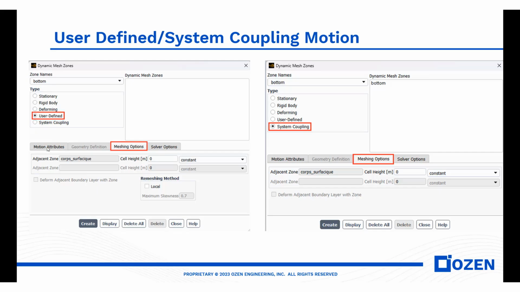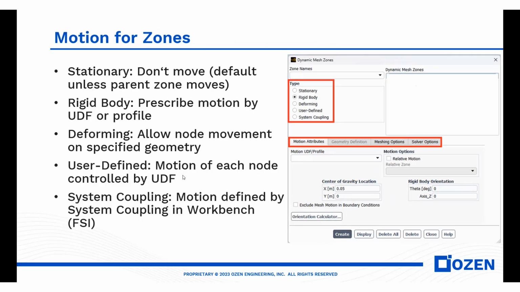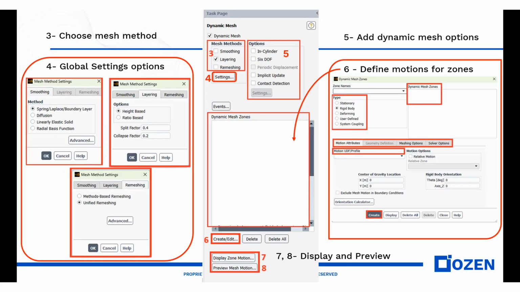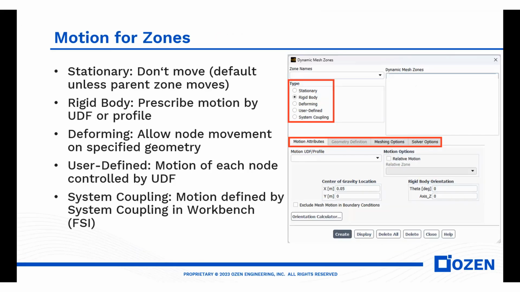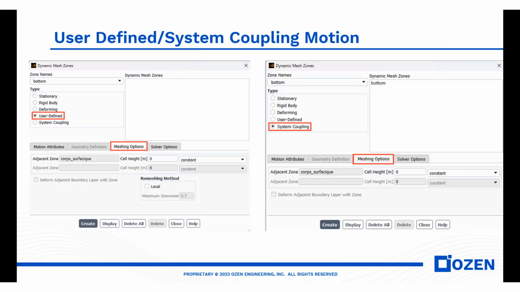Then you will see that here, for example, let me show you where. Yeah, here, when it is user defined, similar to rigid body motion, we have the UDF loaded already, ready to use for dynamic mesh motion. And this cell height, again, is for the first row adjacent to the condition, and usually we go with the initial mesh size.